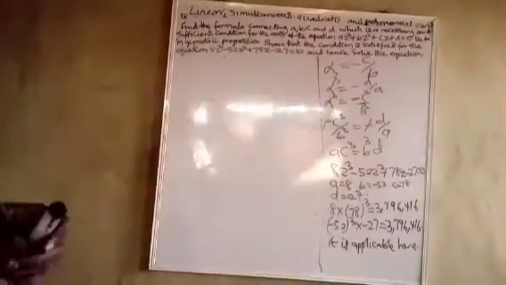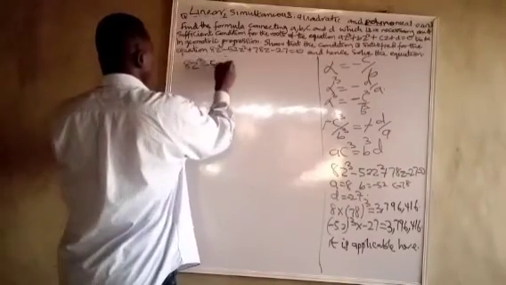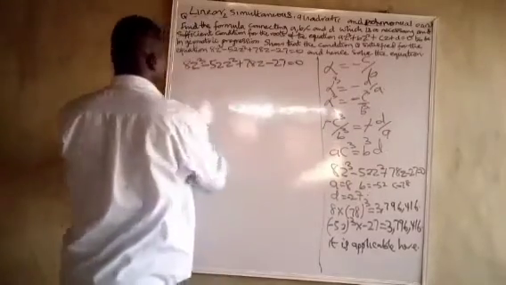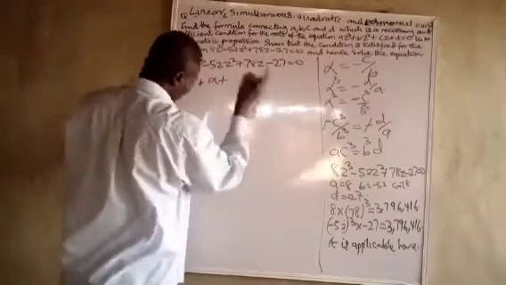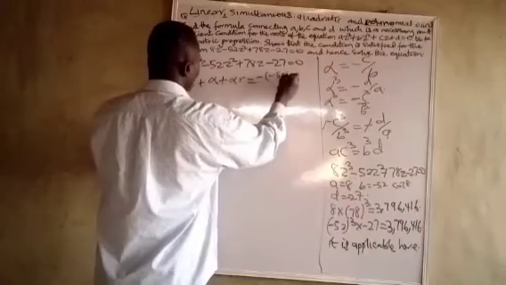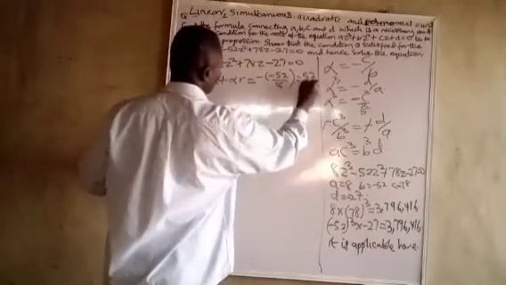Let's see. So what do we have now? We have 8z cubed minus 52z squared plus 78z minus 27 equals 0. And the roots are alpha over r, alpha, and alpha r. The sum of the roots is going to give me minus 52 over 8, that's 52 over 8, sorry.